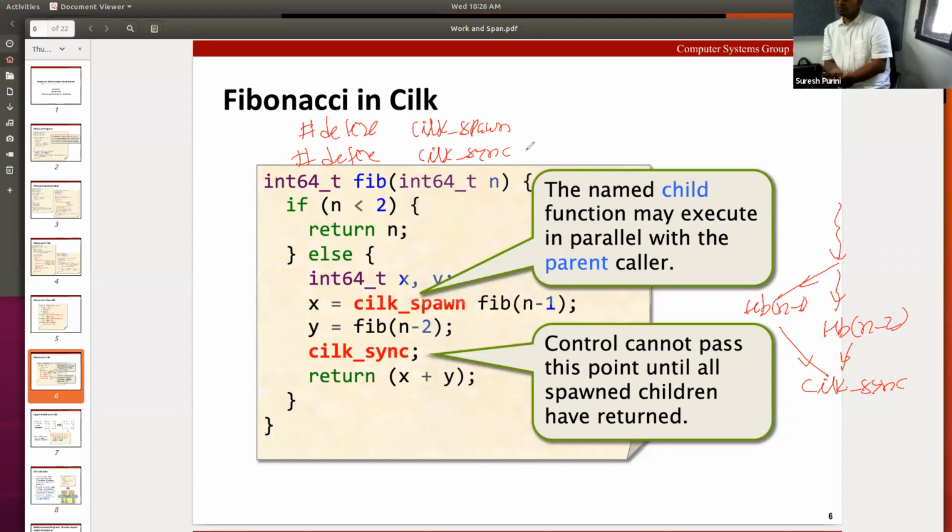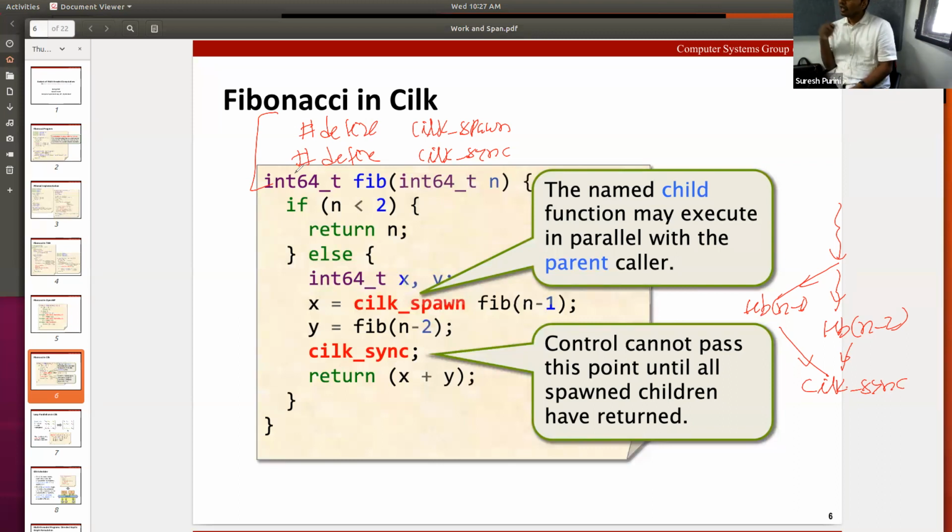Once your serial code is debugged, you remove these macro definitions by using an appropriate compilation flag. Then your program can run in parallel, because these keywords tell the Cilk runtime environment. Along with this, there is what is called a Cilk runtime environment, and that will manage all the threads for you.